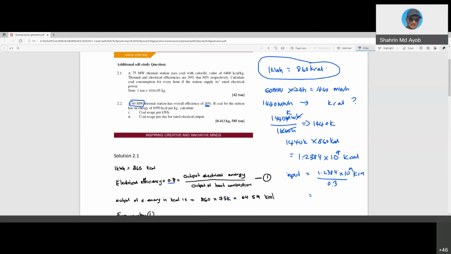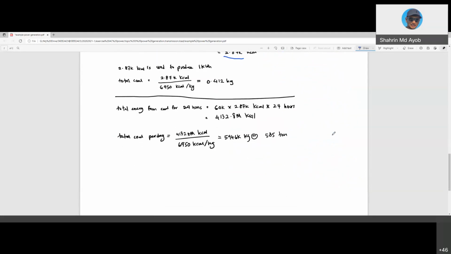Okay, so 60 megawatt 24 hours is actually 144 megawatt hours, and inside 144 megawatt hours, how many calories equivalents? Which we have calculated. So 1440, right? 1440 K. Okay, so this one and then multiply with 860.